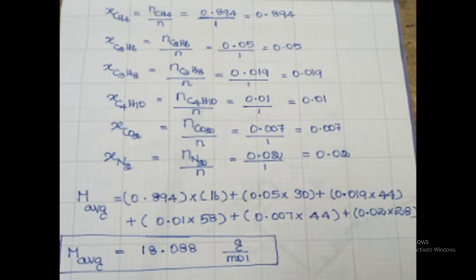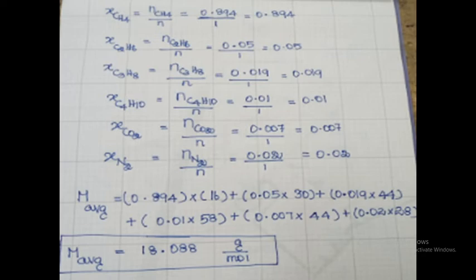So the next component, mole fraction of carbon dioxide, is equal to number of moles of carbon dioxide to total mole. Number of moles of carbon dioxide 0.007 divided by total mole 1. Finally we get 0.007.